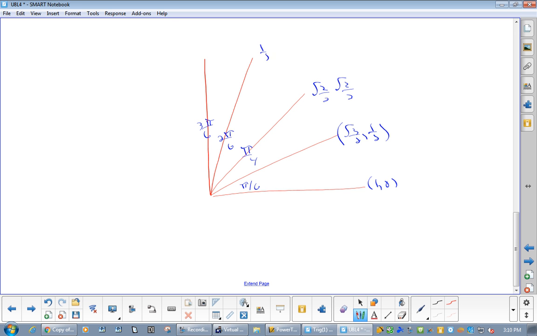This is 1 half, root 3 over 2. This is 0, 1. My tans are 0, root 3 over 3, 1, root 3, and undefined. Yeah, pi over 3. And that's what will be on your unit circle.